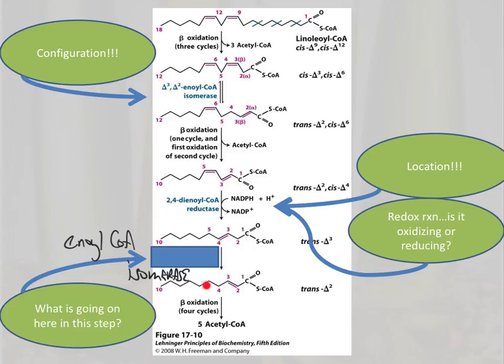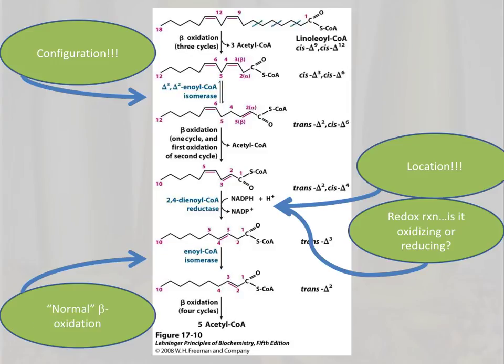This one is just literally flipping the trans bond from one position to the other position. So it's enoyl CoA isomerase. Which is essentially just normal beta oxidation for us to undergo what we've talked about so far. Nothing new.